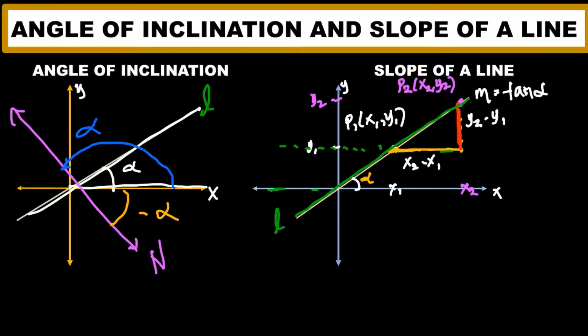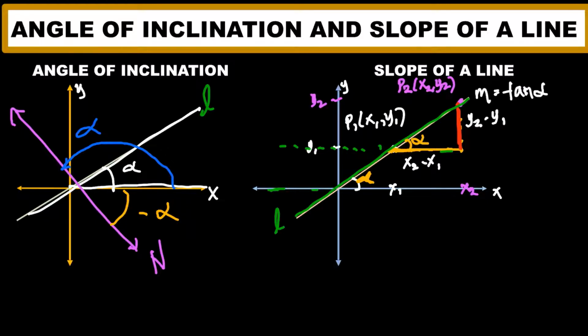If line L is a transversal, then we can say therefore that the corresponding angles created by this transversal are equal. And so if this is alpha, we can say therefore that this is also alpha, because these two are corresponding angles.